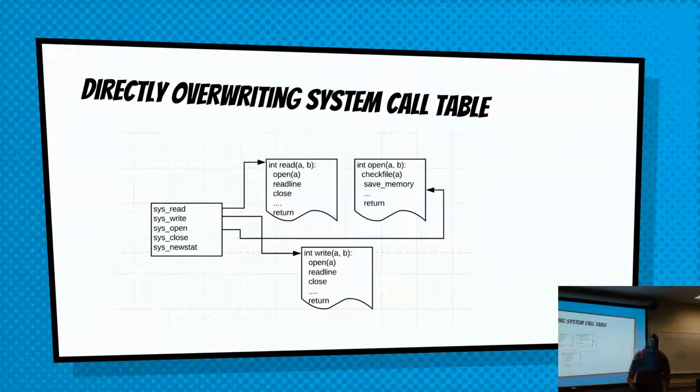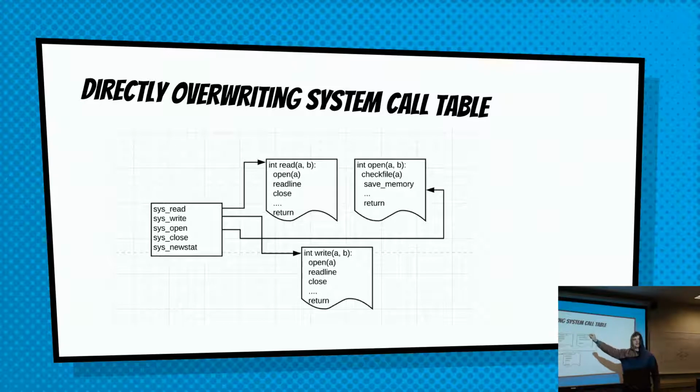So the first technique we're going to talk about is directly overwriting the system call table. In the kernel, each one of those calls that you just saw, write, execve, mmap, all of those are system calls. And they sit in a table. When you want to execute one, the kernel goes and looks it up. It says, OK, here it is. And it follows it over.